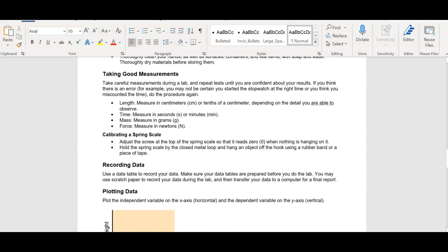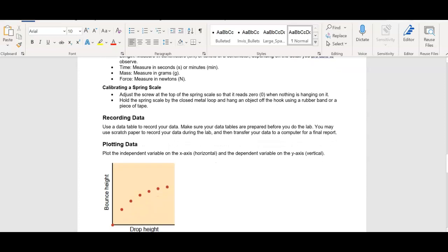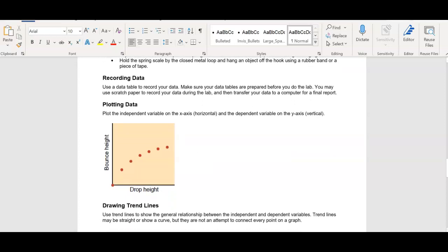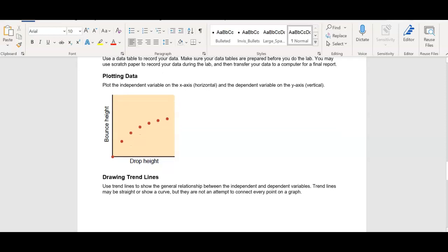Taking good measurements, calibrating a scale. We're not using a spring scale in this experiment, but it does talk about using a data table to record your data. And a lot of students did not submit their assignment with a data table. So that's required. You also, it's asking you to plot your independent and dependent variables on a graph. So that needs to be included on your submission.